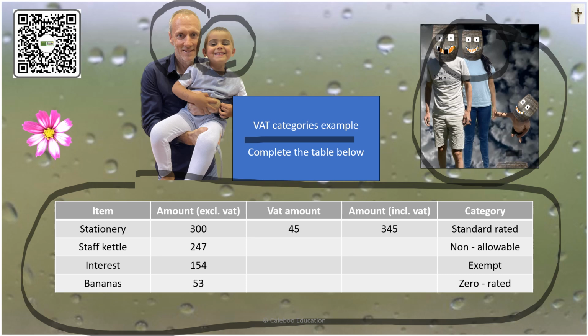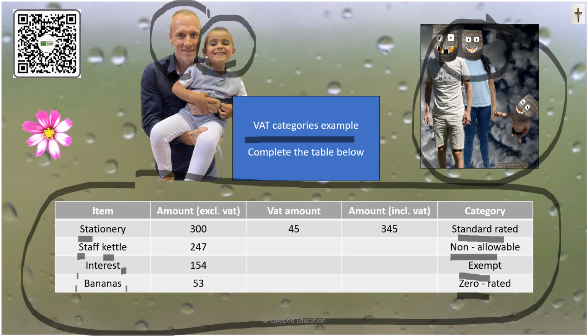So what you needed to do in this table, you had items and you had to put them into VAT categories. Stationery is a standard rated item. The staff kettle is non-allowable. Interest is exempt, and bananas are 0 rated items.